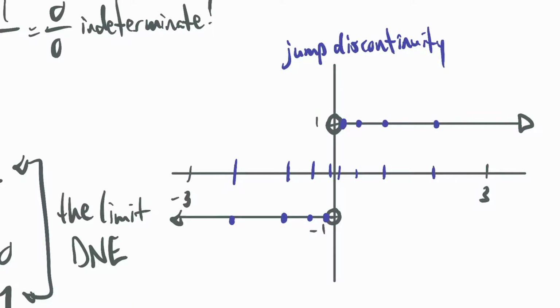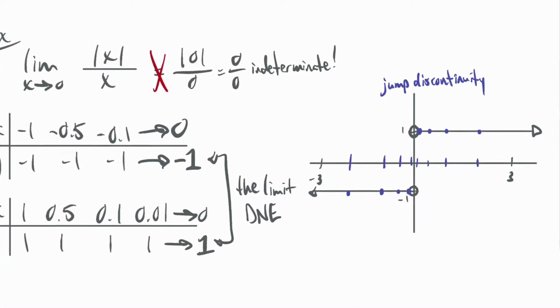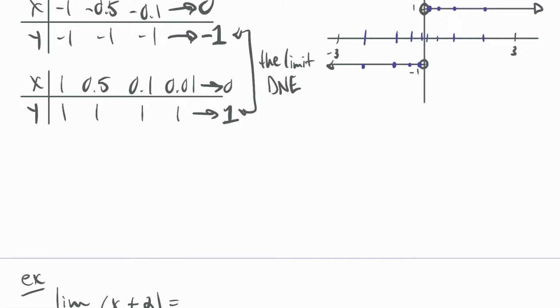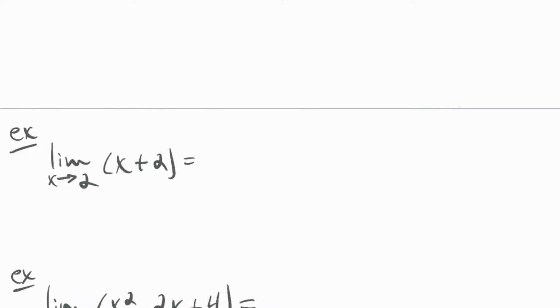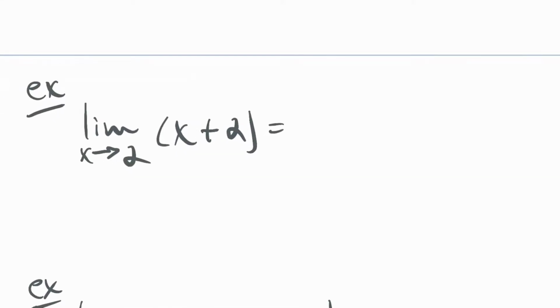Okay, so what's next? Yeah, okay, so these are going to be some easier examples. Basically, this is something I talked about earlier. When you have a function, well, a limit of a function where plugging in seems to get you a result, like there's no reason that I can't just plug in 2.